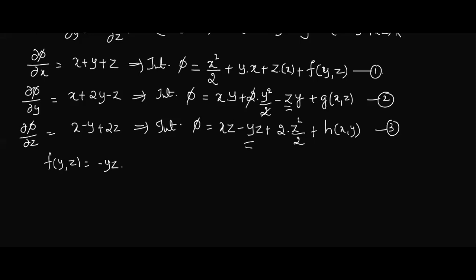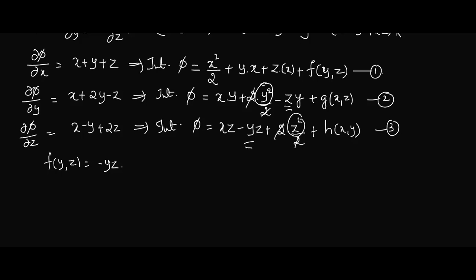But you can observe one more thing. There is one term like y square, which is present only here. There is a term z square, which is present only in equation 3. If I don't give preference to these, I'll not get a correct expression. Can I treat y square as a function of y, z?